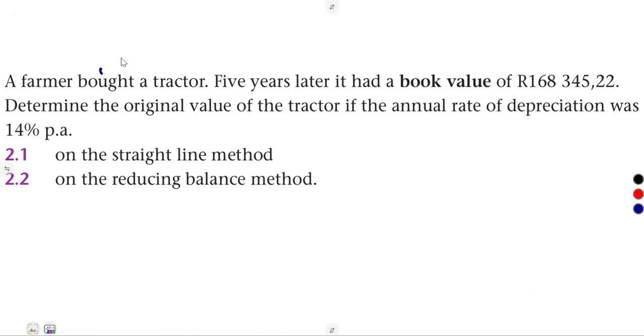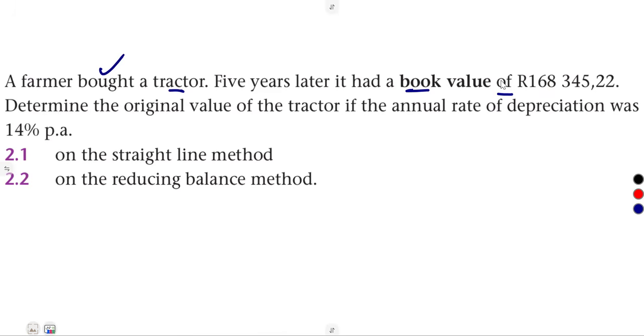We are given that a farmer bought a tractor. Then what is happening? 5 years later, it had a book value of something. So the question is, what is the book value when it is a condition like this?